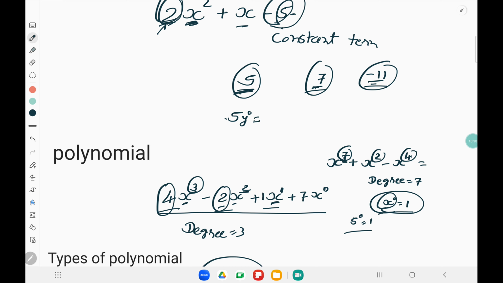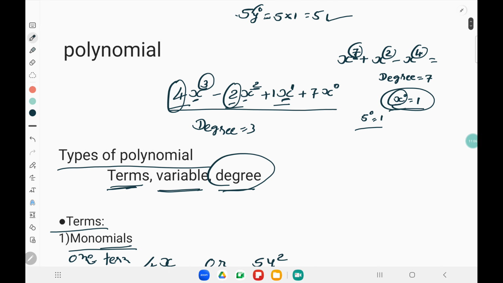When the power is 0 it means 5 times 1, because y with power 0 is 1. If I multiply 5 by 1, that gives me 5 again. So this is called a constant polynomial. If a polynomial is only a number standing by itself, we still consider it a polynomial, but a constant polynomial. It has a particular name.